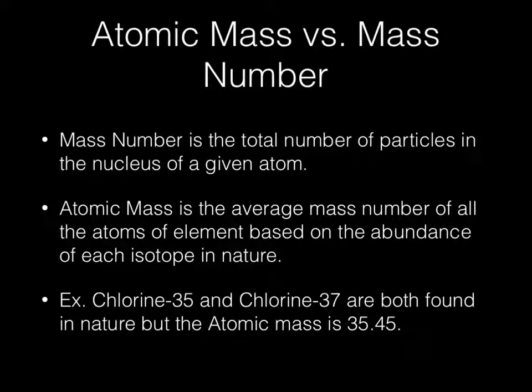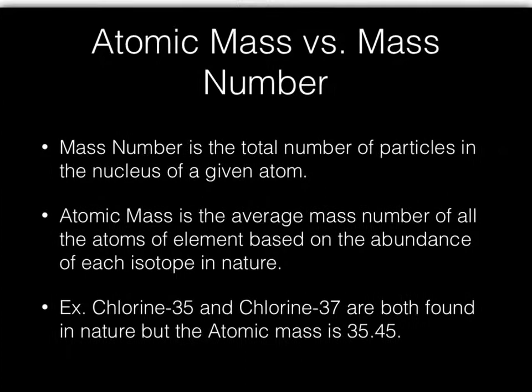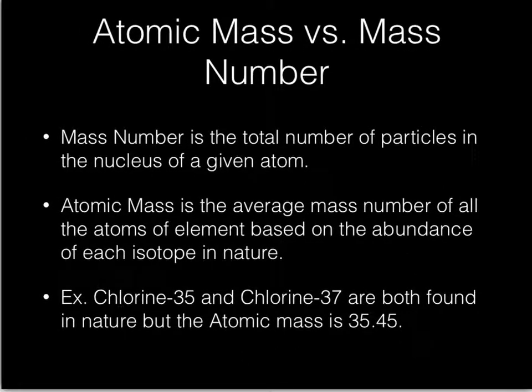Because there's more of it, the average mass number is 35.45. That's our atomic mass. That number, 35.45, is closer to 35 than it is to 37. That tells us that chlorine-35 is more abundant.